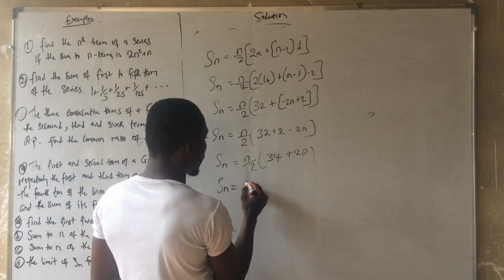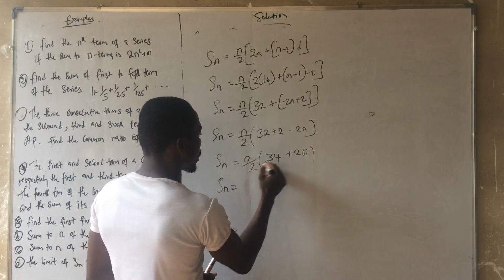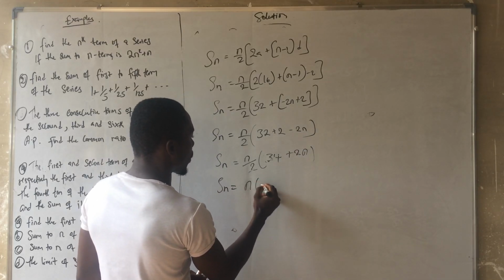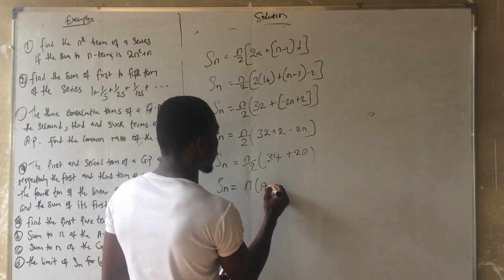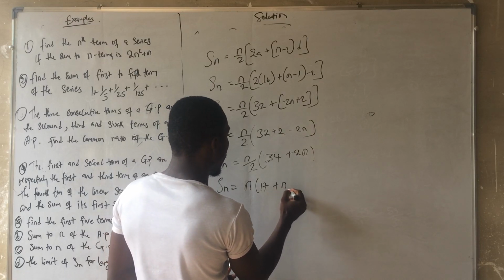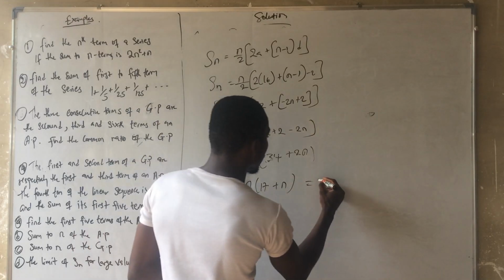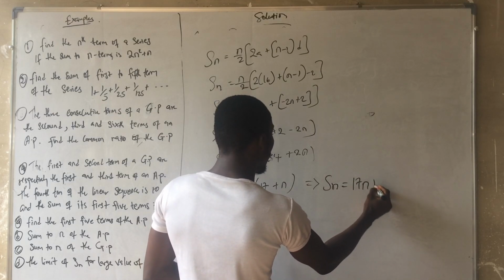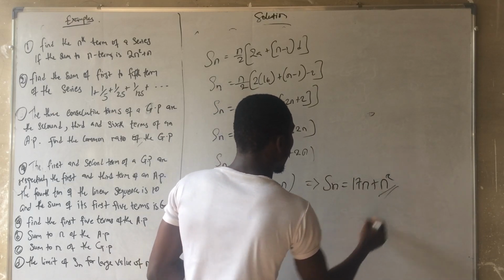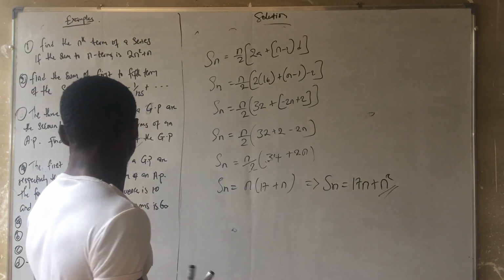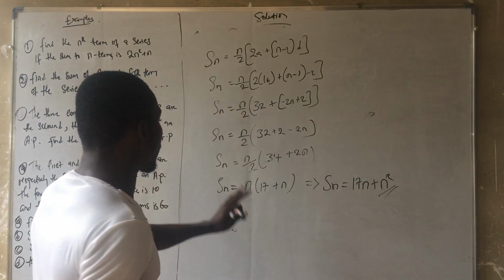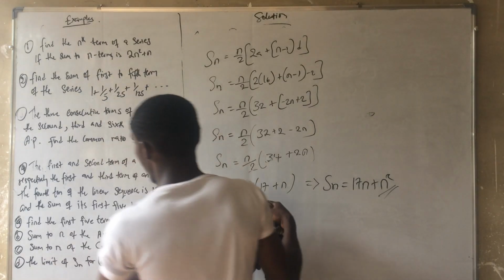We divide through by 2 and I have n bracket 17 minus n. So finally Sn is equal to 17n minus n squared, and that is our sum to n, the partial sum of n terms in this sequence.